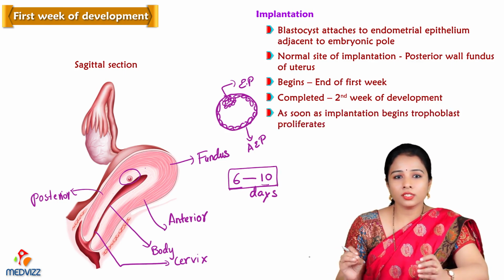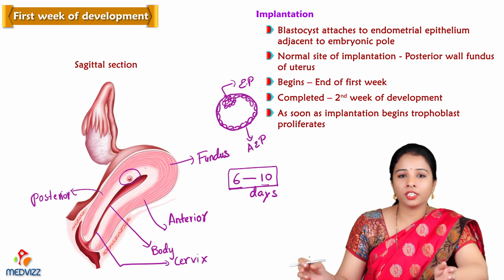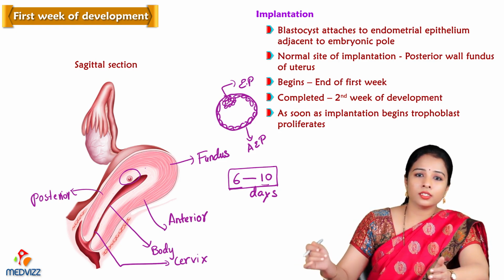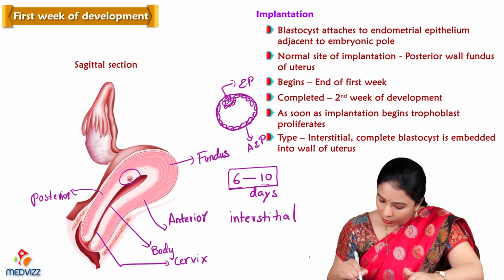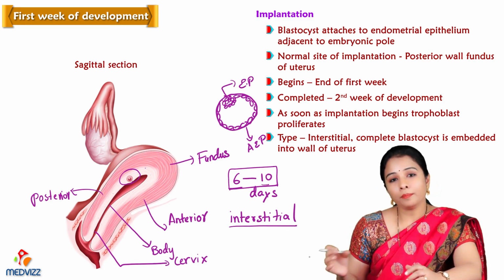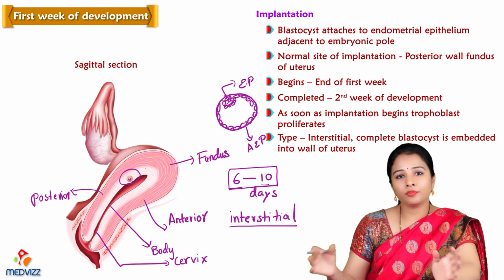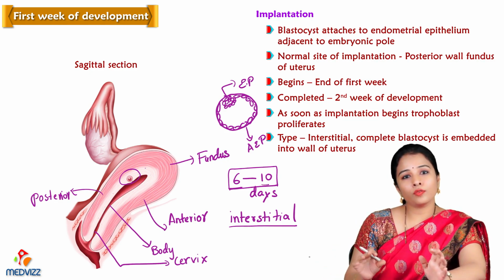As soon as the implantation begins, the trophoblast starts differentiating into the outer syncytiotrophoblast and the inner cytotrophoblast. The type of implantation in humans is interstitial implantation, meaning the complete blastocyst enters the endometrium fully and gets embedded within the wall of the uterus.